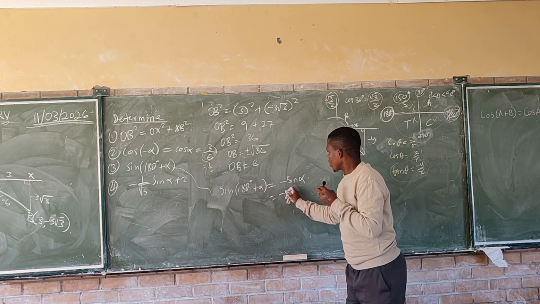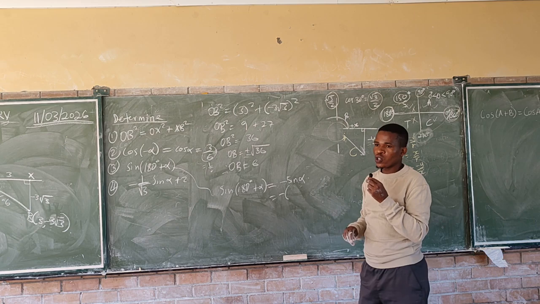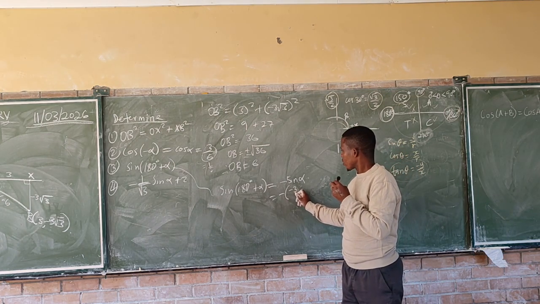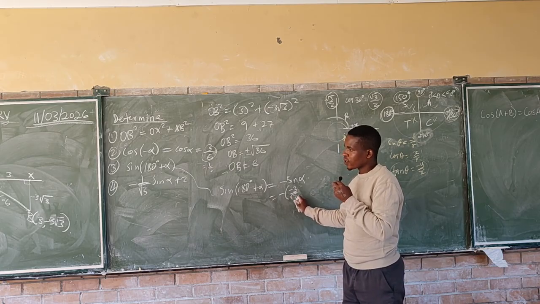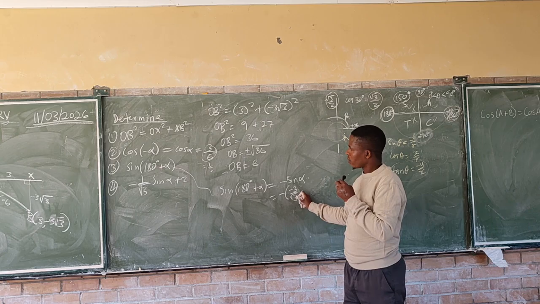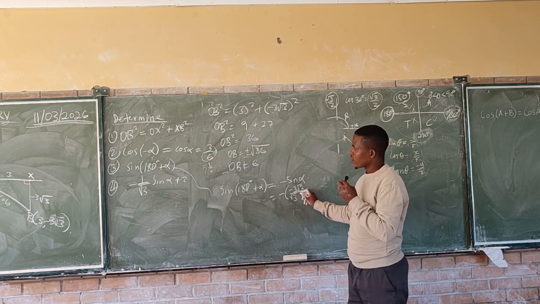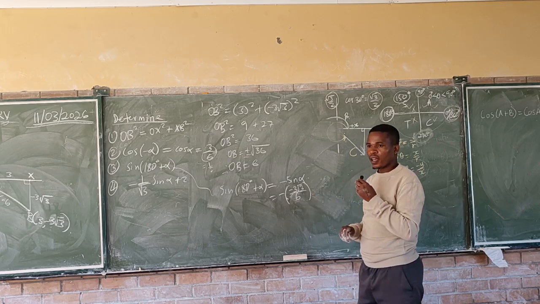Equals negative into what is sine of alpha according to the diagram? Negative 3 root of 3 over 6, like that.